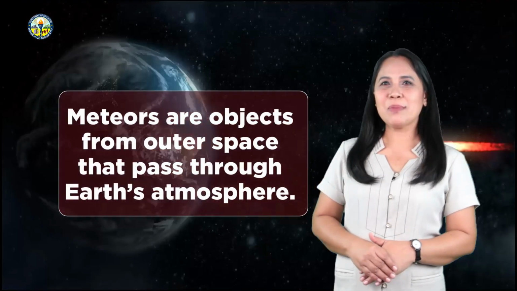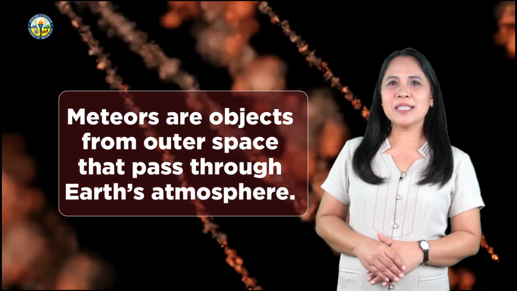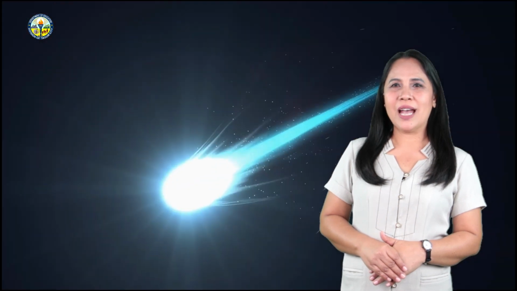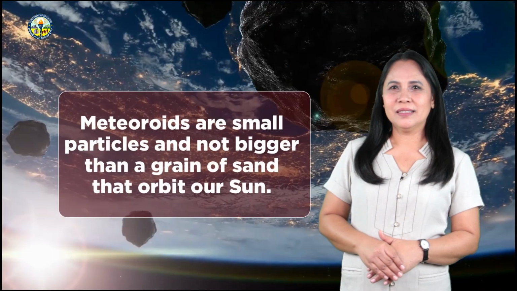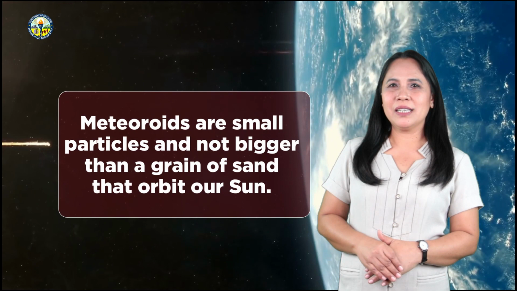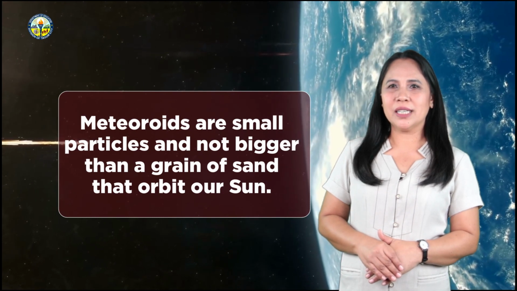Meteors are objects from outer space that pass through Earth's atmosphere. They may even be asteroids, tiny meteoroids, or the grains of dust from tails of dying comets. Meteoroids are small particles, not bigger than a grain of sand, that orbit our Sun. Now, when these meteoroids enter our planet's atmosphere, they produce brilliant streaks of light that are visible in our sky.